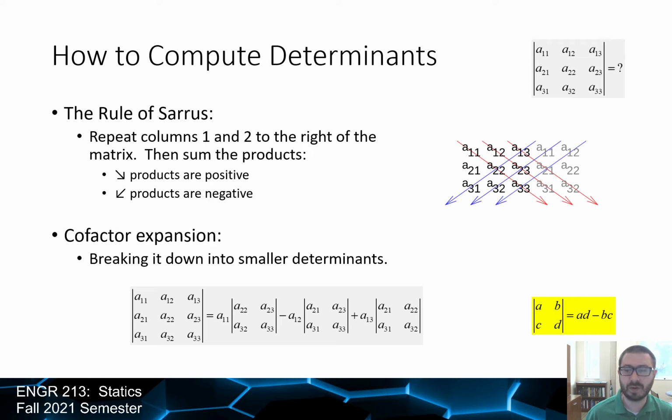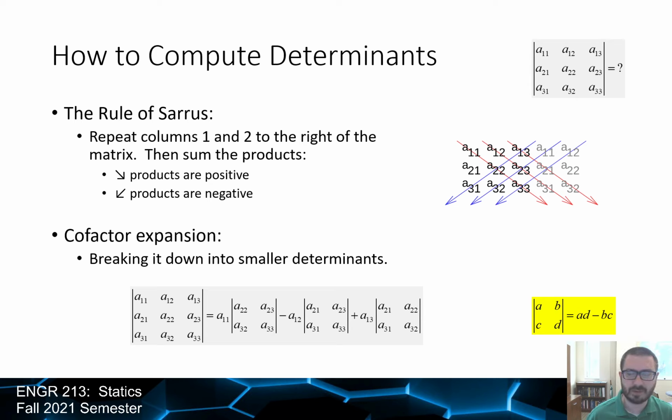So this should be reinforcing what you've already seen. But if not, just know that these two methods can serve as checks of one another. The rule of Sarrus, I think, is easier the first time that you start doing it. I actually prefer cofactor expansion for a good reason, and you'll see why in a bit. But I'll show you how each of these work with some numbers here in a bit.